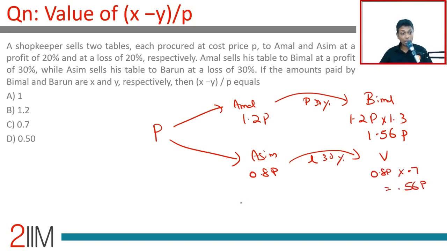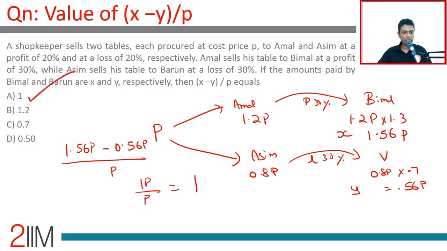If the amounts paid by Bimal and Varun are X and Y respectively, this is X, this is Y. X minus Y by P is 1.56p minus 0.56p divided by P. It is 1p by P, which is 1. This is the answer. And it's a very simple question. Do it methodically, and you're getting to the answer.